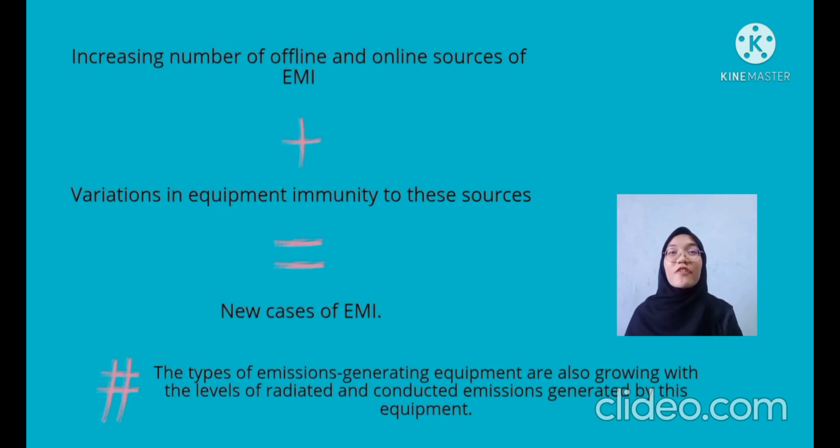The increasing number of offline and online sources of EMI, plus the variation in equipment immunity to these sources, are producing new cases of EMI. The types of emission generating equipment are also growing, with the level of radiated and conducted emissions generated by this equipment.